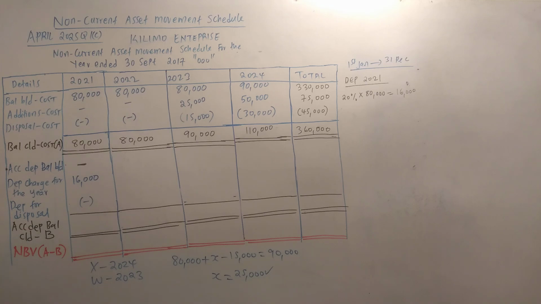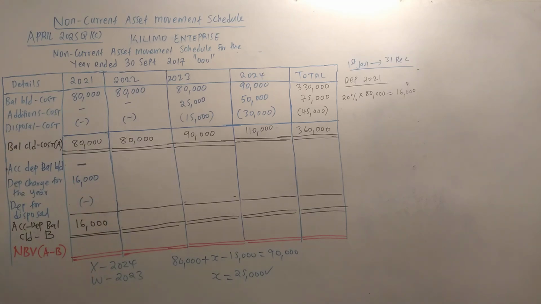So when we want to get the accumulated depreciation, we take the accumulated depreciation balance brought down, add depreciation for the year, then less disposal, which would still be 16,000.